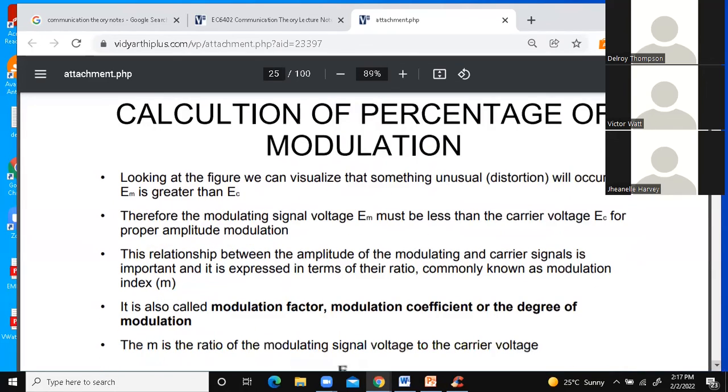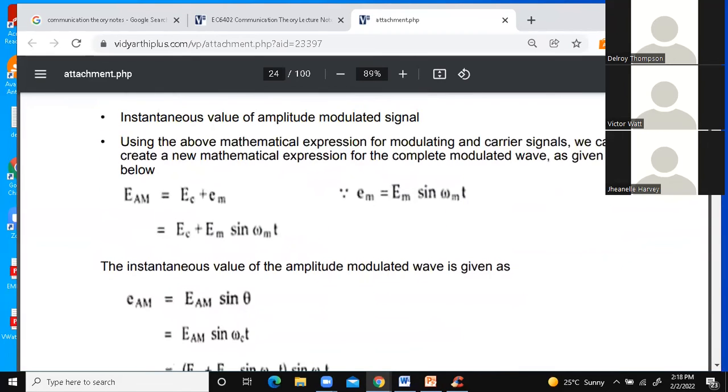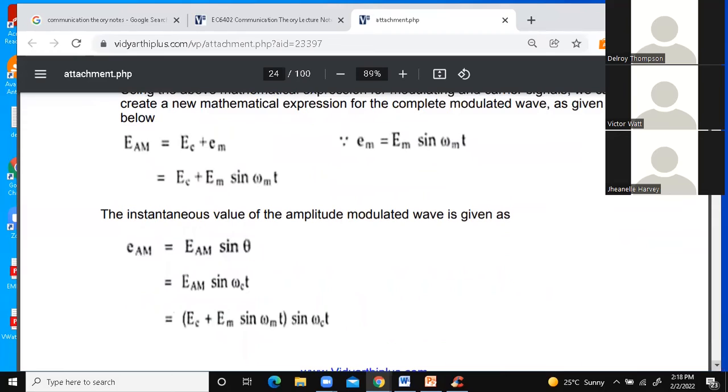So I see one part where it looks like it uses harmonic analysis from physics. Yeah, when you add the amplitude. Which one? EC plus EM, below the instantaneous value: EC plus EM sin omega MT times sin omega CT.